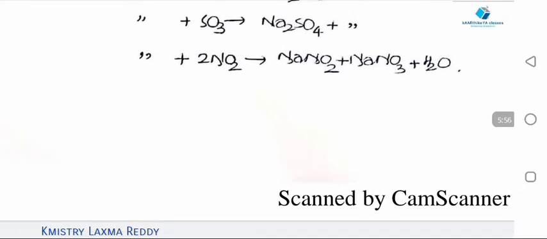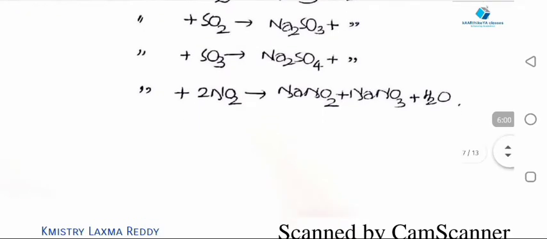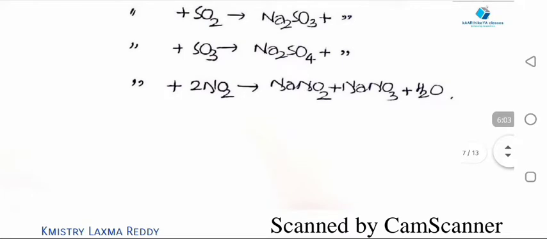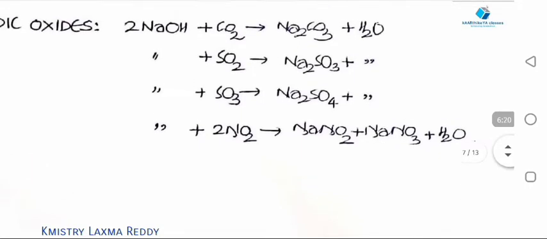Look at this reaction. The oxidation state of nitrogen in NO2 is +4. In NaNO2, the nitrogen oxidation state is +3. In NaNO3, the oxidation state is +5. We don't have any salt of sodium and nitrate with +4. That means NO2 is a mixed oxide of actually HNO2 and HNO3, so you are getting both.